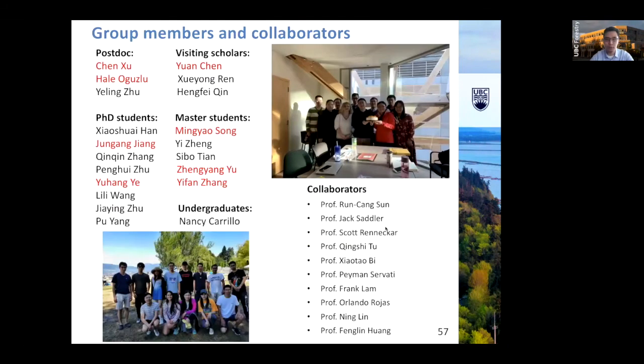There are very excellent researchers in the lab, hardworking as well as innovative. Without them, this work could not be done. The work I highlight includes Dr. Chen, who is now working at Westlake University in China, and Halai, who is a postdoc in my group. Professor Yuan is at the Chinese Academy of Forestry in Beijing.